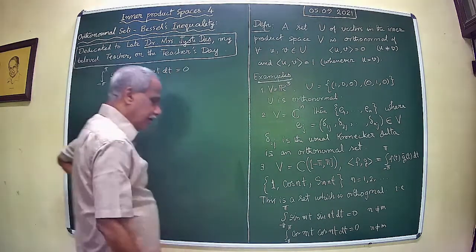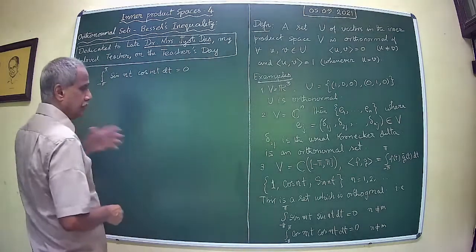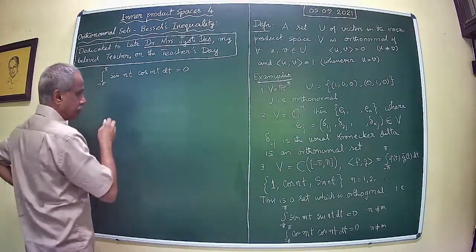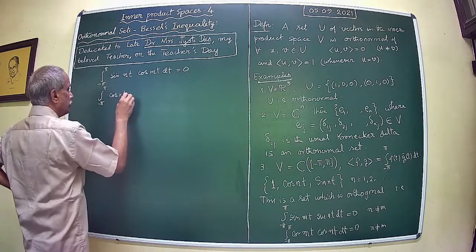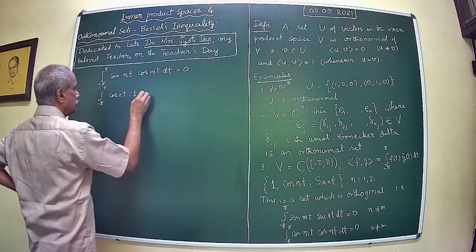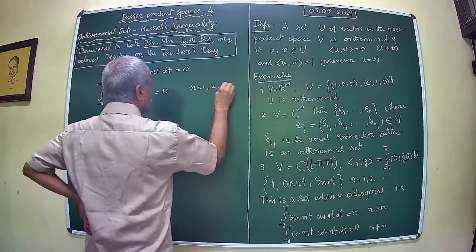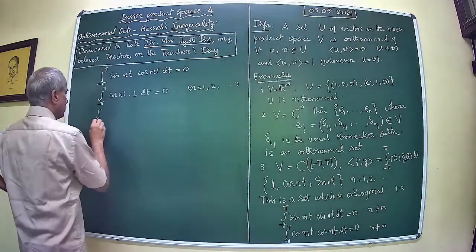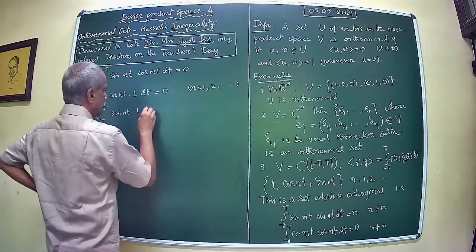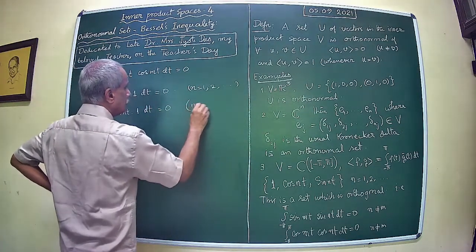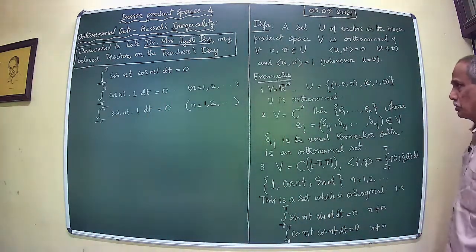This is equal to 0 for all n and m, whether they are equal or not. Etc. So this is about the orthogonality.